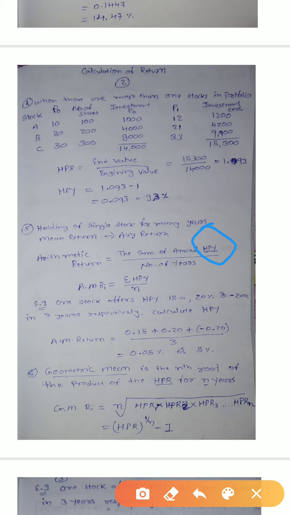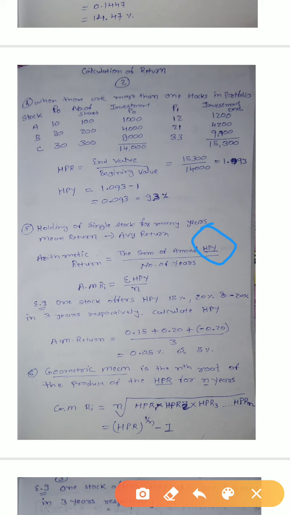We just add all the HPY, that is 0.15 plus 0.20 plus minus 0.20, divided by the number of years. This is talking about 3 years, so we divide it by 3. So the average return that we earn here is 5%. So this is the arithmetic mean. Here we just find out the average return.